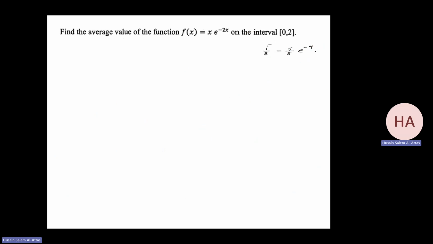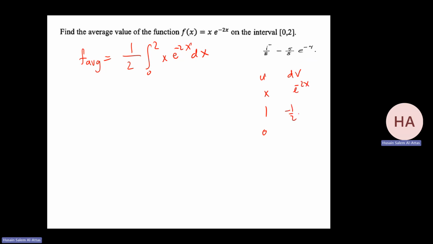Find the average value. This will be easy, I think. The average will be 1 over 2 minus 0, from 0 to 2, of x e to the minus 2x dx. Tabular, I think we'll do it. dv. So you have x, 1, 0, and e to the minus 2x.